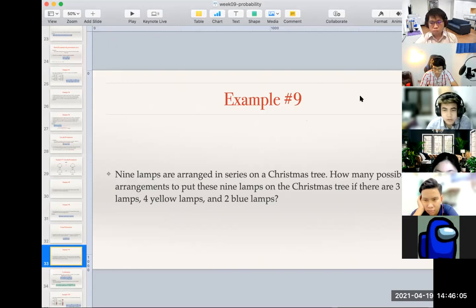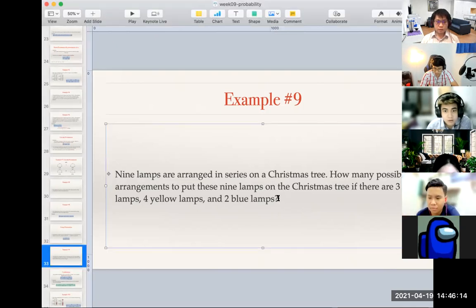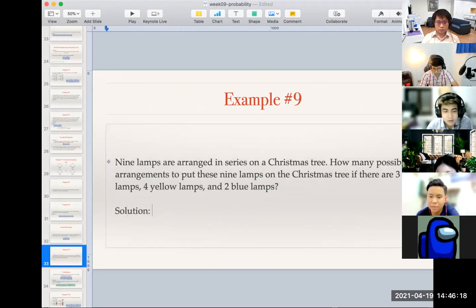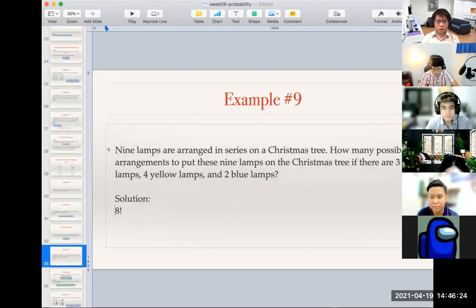8 factorial, sir. 8 factorial. Okay, any other solutions? So where do you get this 8 factorial, Gabriel?